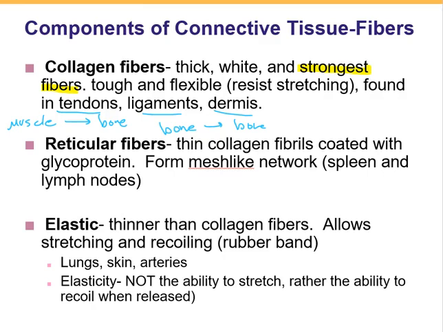Elasticity is all about that ability to bounce back into place after stretching, like how a rubber band returns to its original shape after being stretched. So that is all about the fibers found in the extracellular matrix of the connective tissue. Based on different types of connective tissue, we might have different amounts of these fibers or no fibers in this connective tissue.